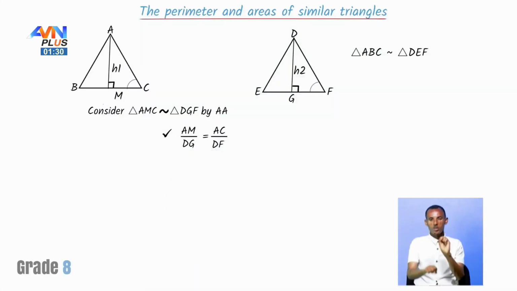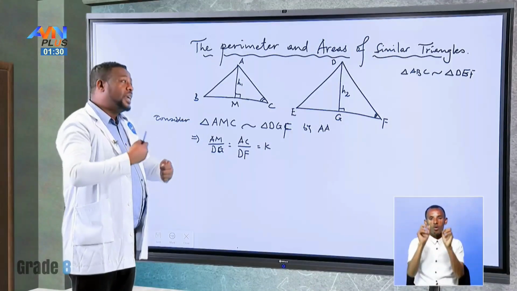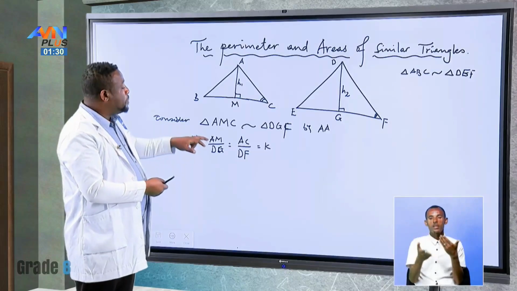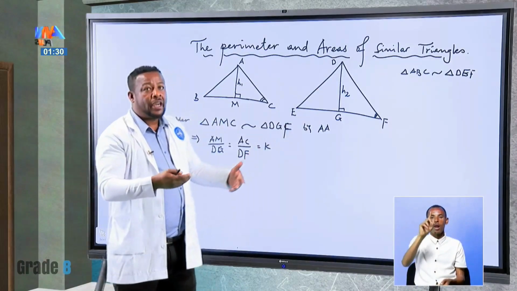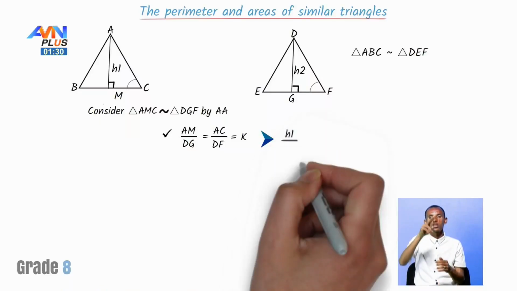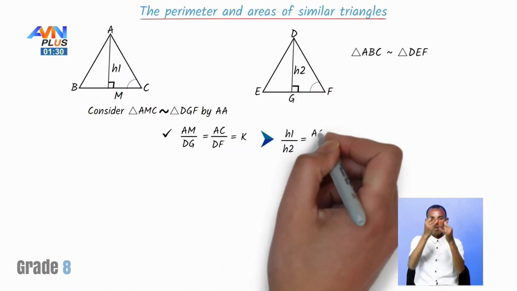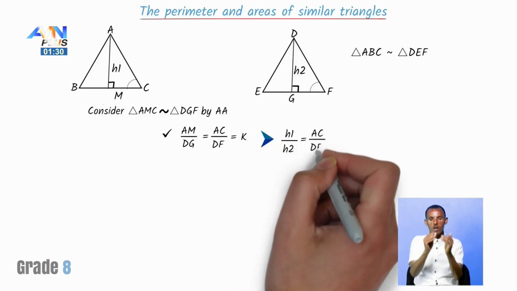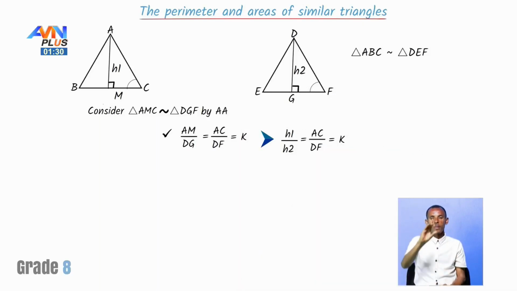These are the same, and this is a certain constant K. To make things easier, let us replace AM by H1 and DG by H2. So this implies H1 over H2 is the same as AC over DF, which is exactly the same as a certain proportionality constant, right?